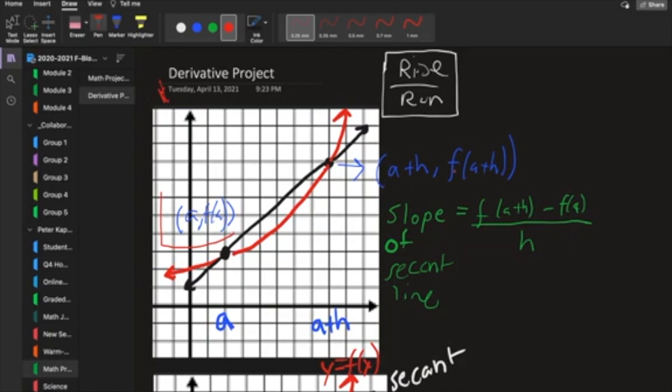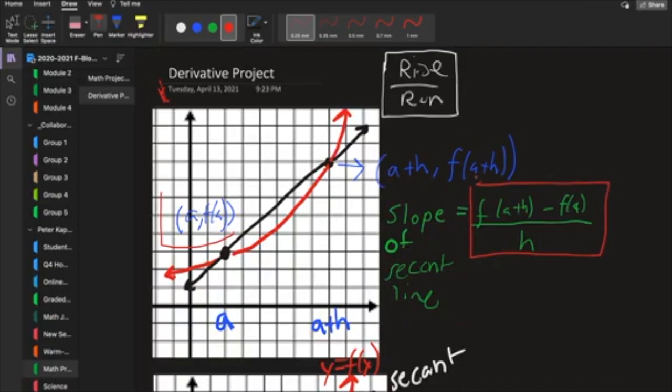So to get that, we can do y2 minus y1, which would be f of A plus H minus f of A. And then same thing here, A plus H minus A, and the A's cancel out, just leaving us with H, and that's going to give us this formula here for the slope of the secant line.